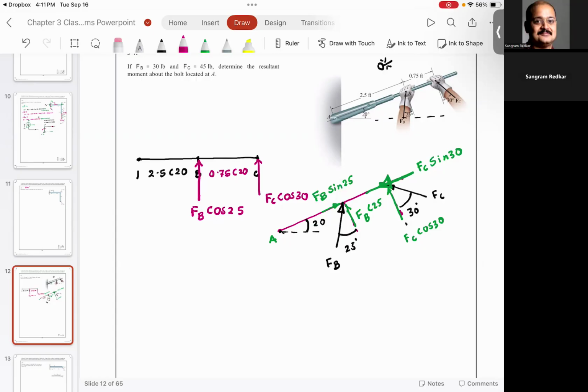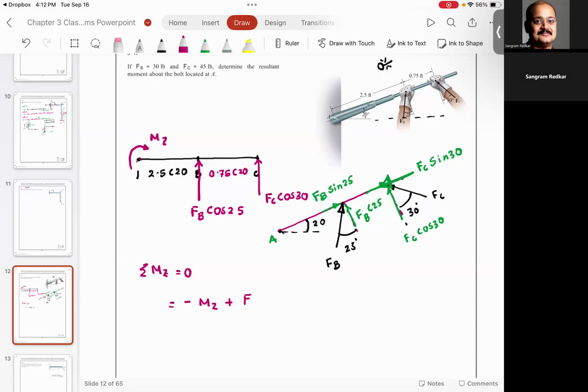Now, if you want to solve this problem, consider this moment Mz, summation of moment about z is equal to 0. So you have a positive moment, and you can see FB cosine 25, curl your fingers in the direction of moment. I made a mistake, this is negative, because if you curl your fingers in the direction of moment, it is negative.